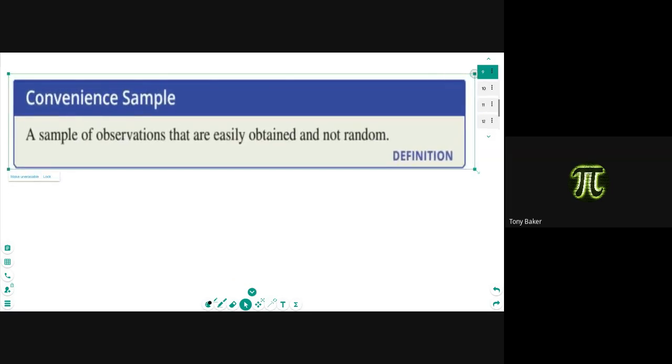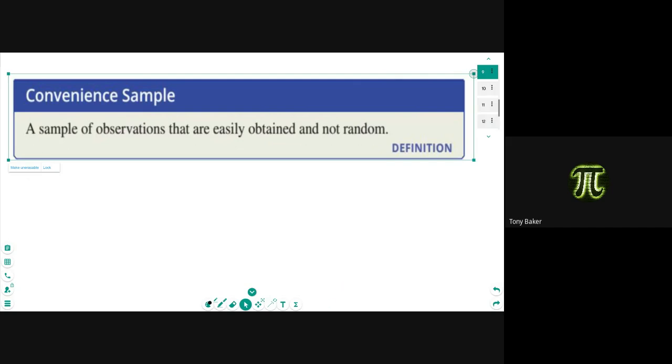A convenience sample. Is a convenience sample random?